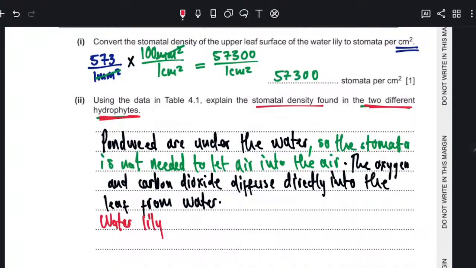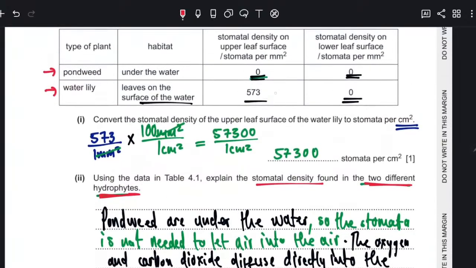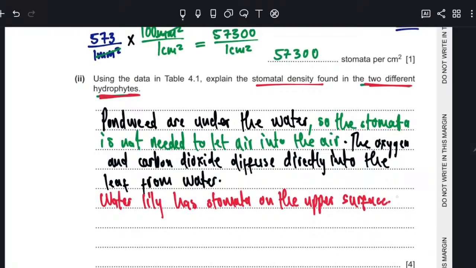Water lily, on the other hand, has stomata on the upper surface, so that it comes in from the air. You're just telling them to say stomata is found on the upper surface only. Why is stomata found on the upper surface?